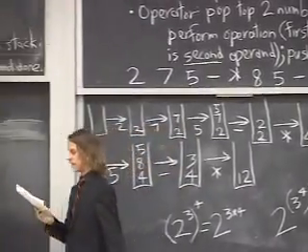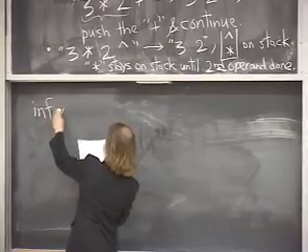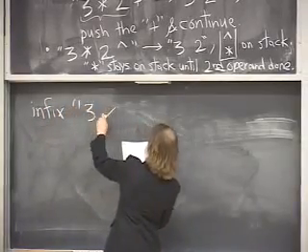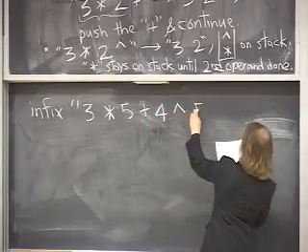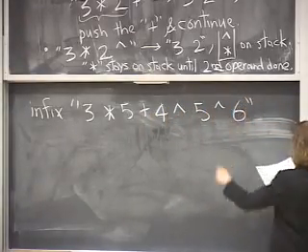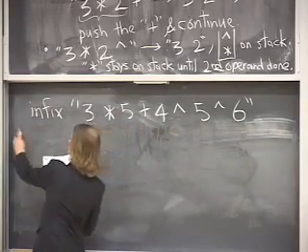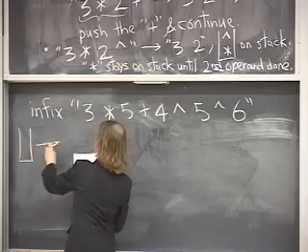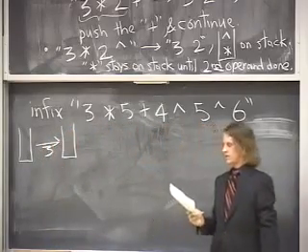So let me give an example now of what this algorithm does to infix 3 times 5 plus 4 to the power of 5 to the power of 6. So we start with an empty stack. Along comes a 3. Well, this is an operator stack, so nothing goes on the stack.